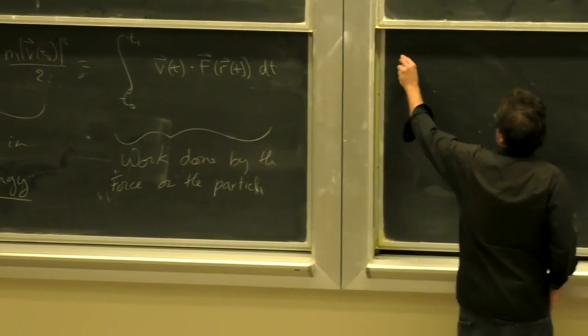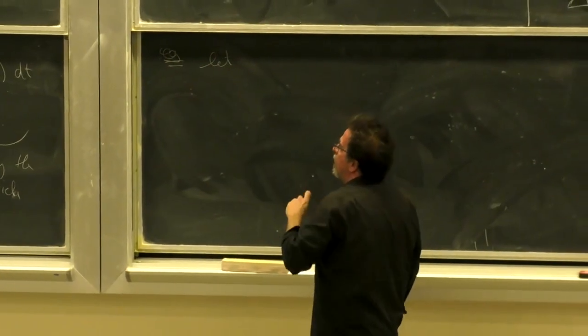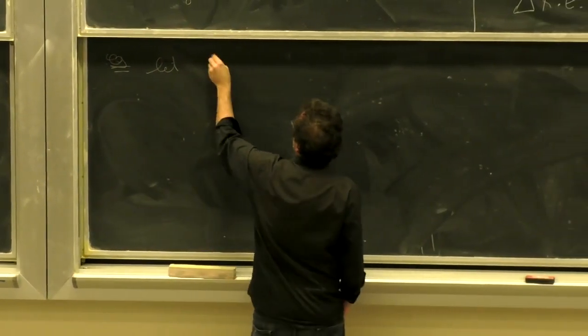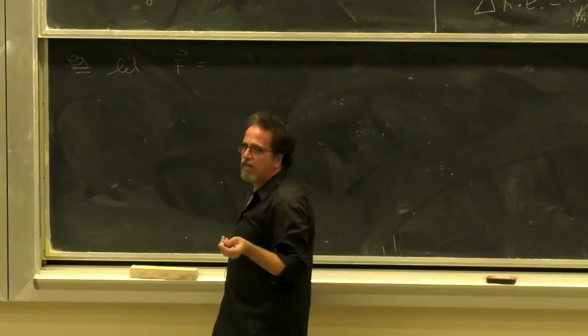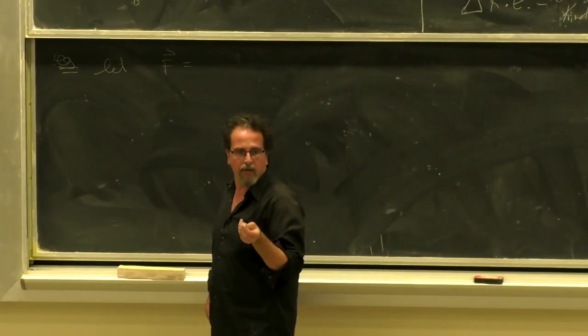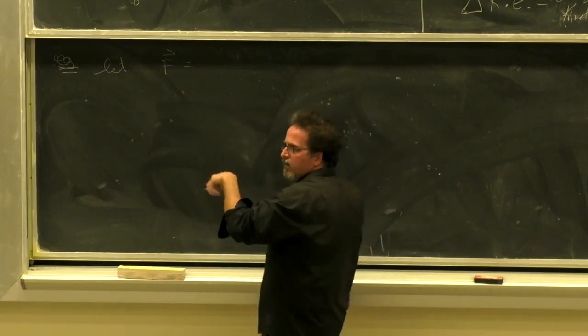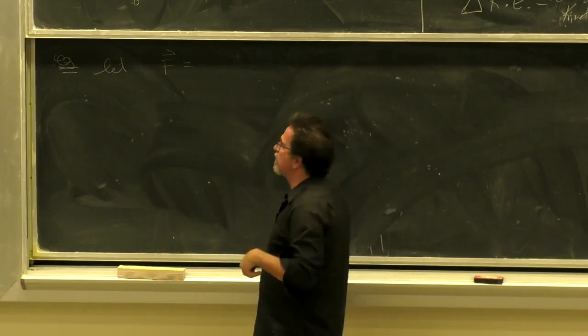So now this is another example. Let f equal one of my basic vector fields that I had back on Monday. I think it was a vortex vector field. I'll just make f be a vortex vector field.